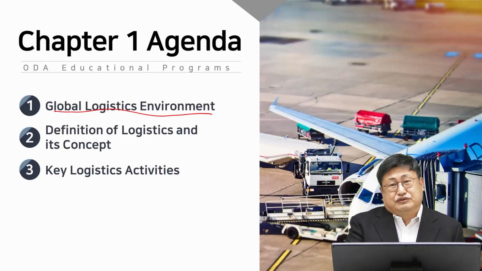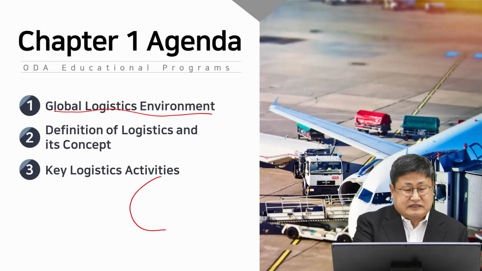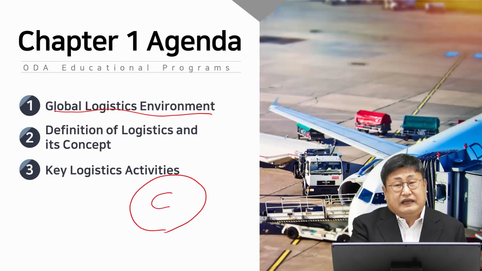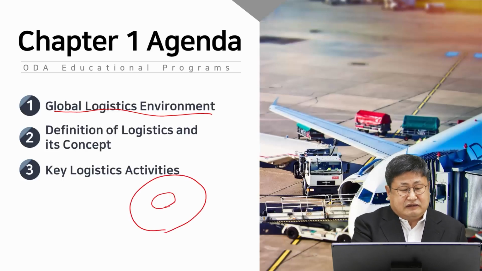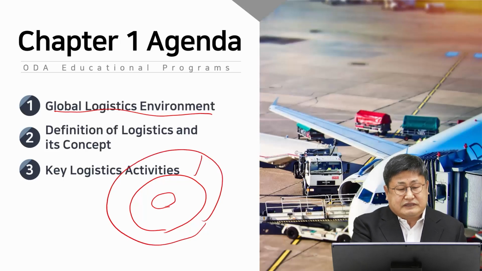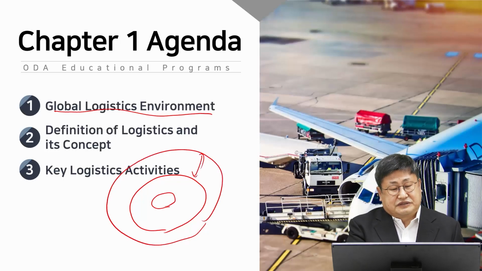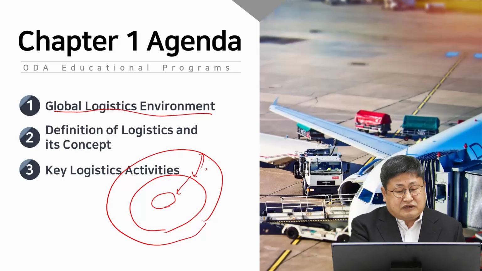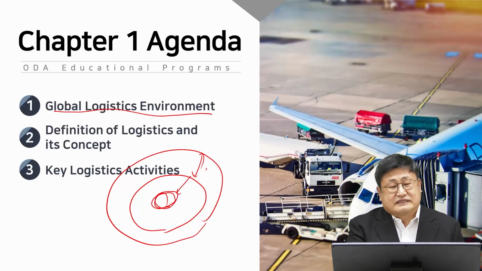So that you can, this is the Cambodian government here, and you have to understand the outward business environment. This is very, very important so that you can then understand your government side more deeply. That's why I bring the global logistics environment.